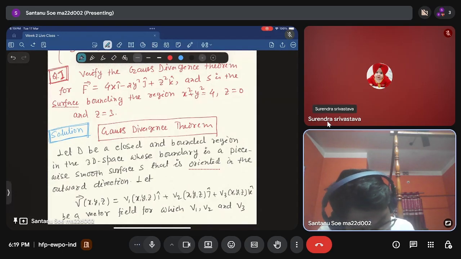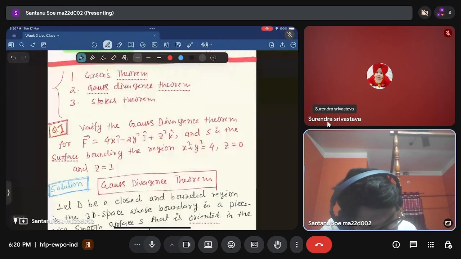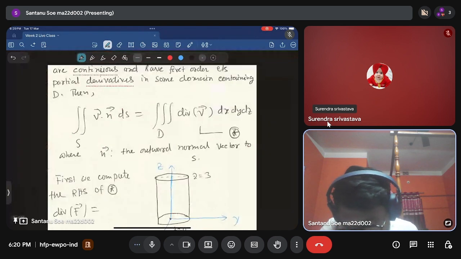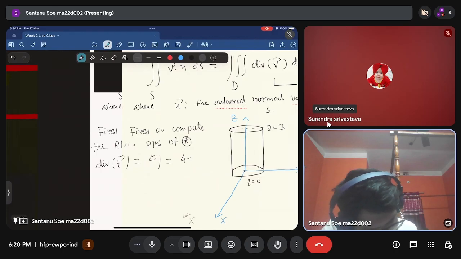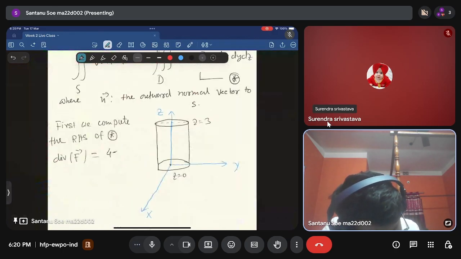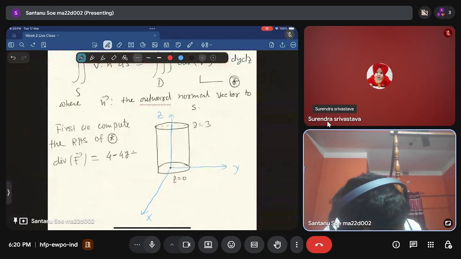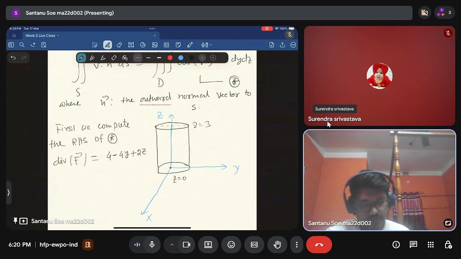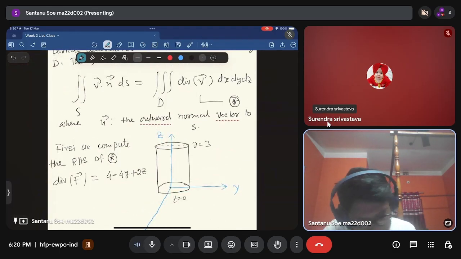So the divergence of F will be 4 minus 4y plus 2z.